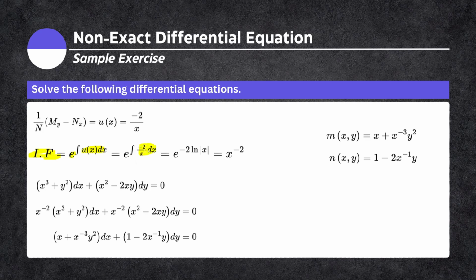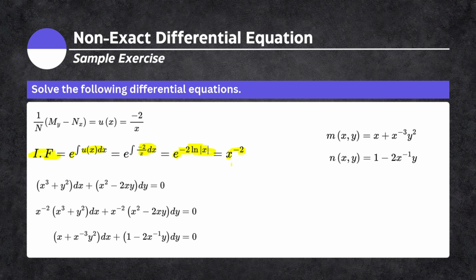Integrate, okay, so we have e raised to negative 2 ln of x, and then apply the properties of logarithms and exponentials. So this negative 2 ln of x is similar to ln of x to the negative 2, right? And since we have e here as base, the answer here will be x raised to negative 2.